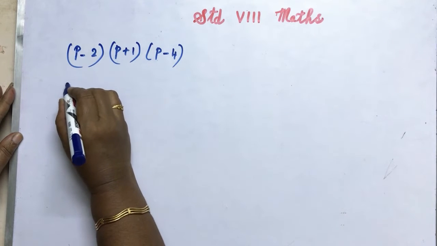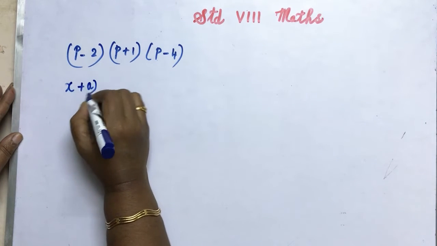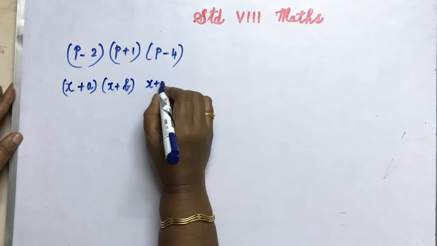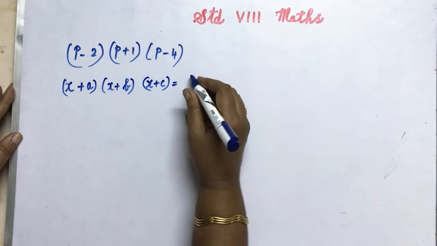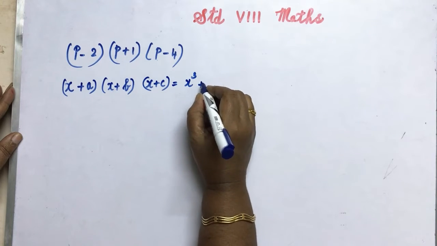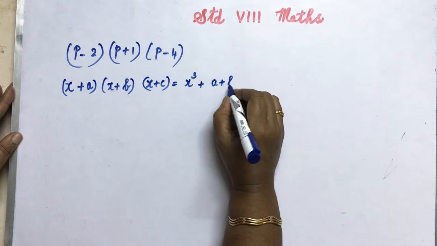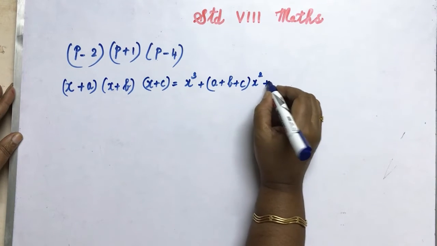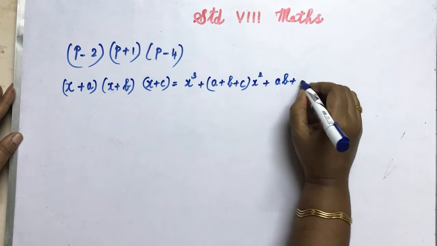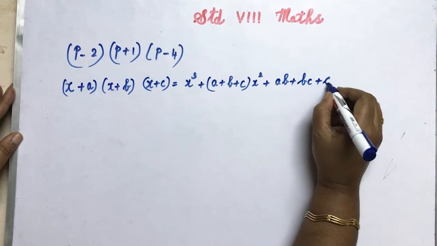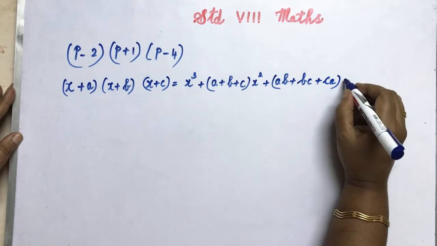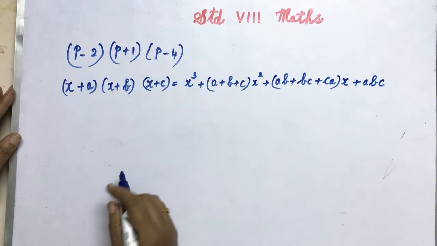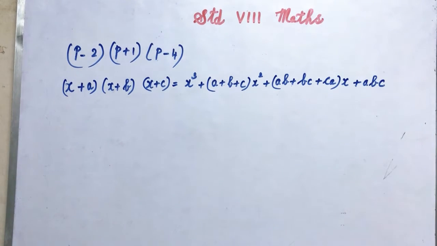So we have to use the identity (x plus a) into (x plus b) into (x plus c) is equal to x cube plus (a plus b plus c) into x squared plus (ab plus bc plus ca) into x plus abc. After writing the identity, we have to compare.